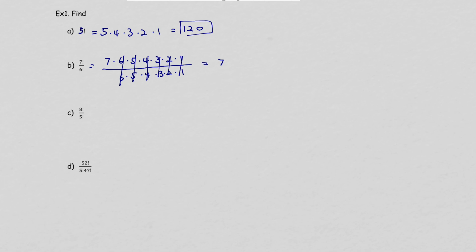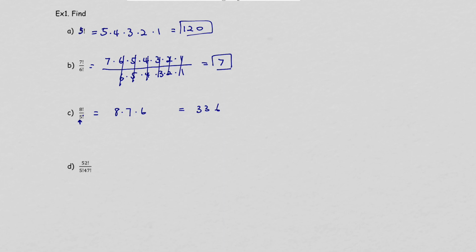So 7 factorial over 6 factorial cancels out everything that's below 6 and just gives you 7 by itself. So in this next one, everything that's below the 5 will cancel out by the 5 factorial. On the numerator, you will only have 8 times 7 times 6 remaining. That will give you 336.